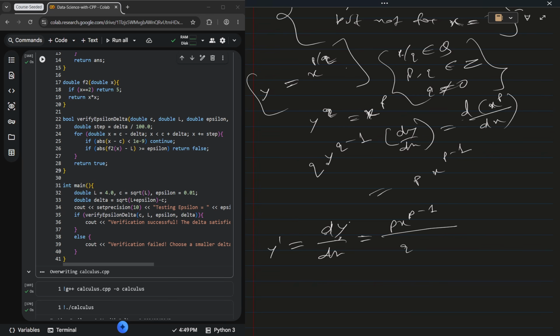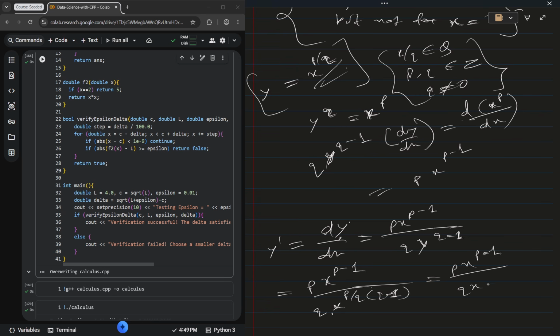q times y, and y was x to the power p by q. So you can just insert that right after we write this over here. After insertion, we have p times x to the power p minus 1 divided by q times x to the power p by q times q minus 1. Instead of writing all this, let me directly solve this.